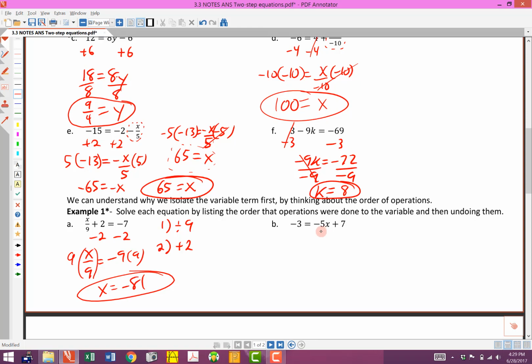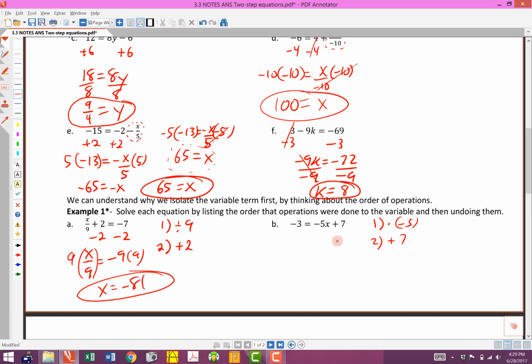And then on this one right here, if we start out with x, kind of like that game that we played in that warm-up the other day, the first thing that they did was multiply by negative 5, and then they added 7. So if they did first thing, then second thing, we're going to undo the second thing, and then we're going to undo the first thing.